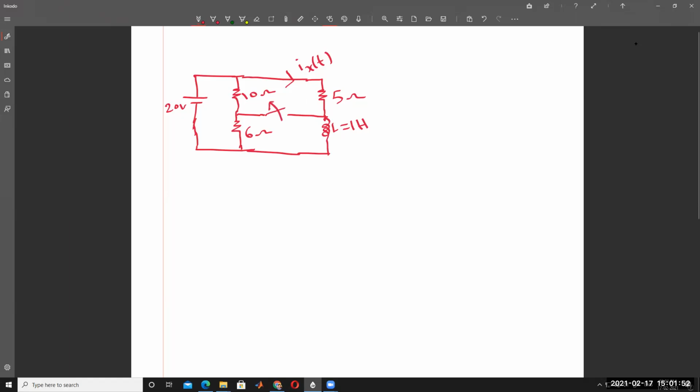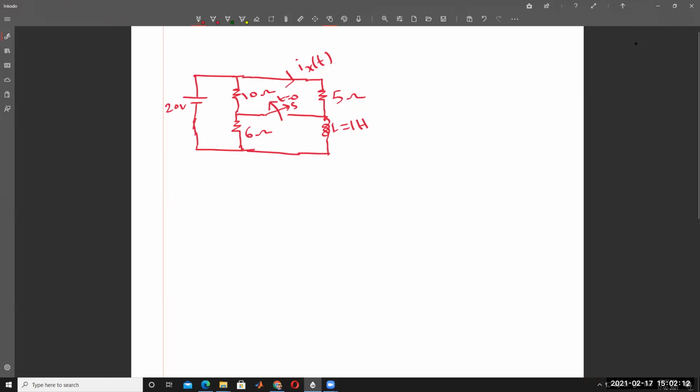Next, this is the switch, so t is equal to 0. So this is the switch direction, current direction. Okay, there is the switch. So here we have 10 ohms, 6 ohms, and 5 ohms.